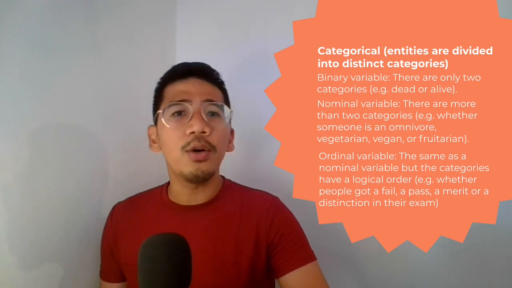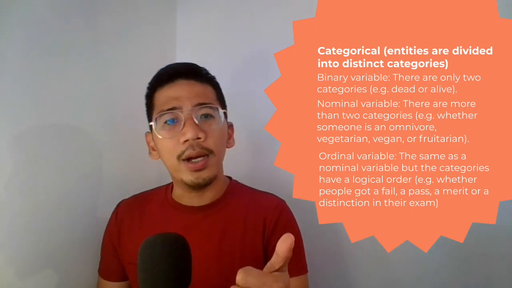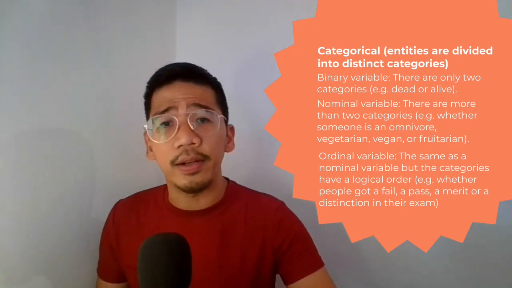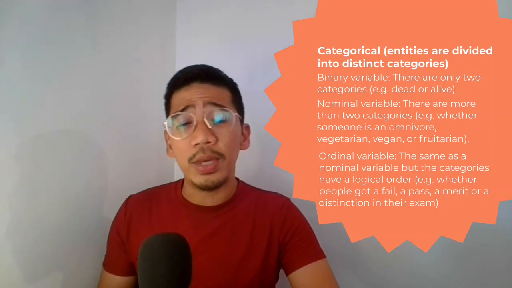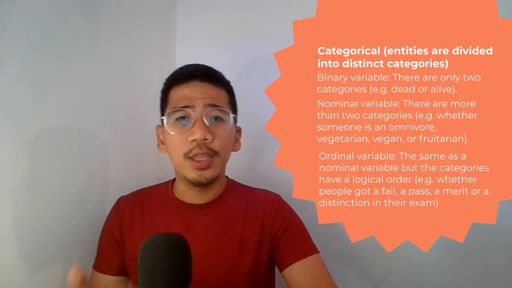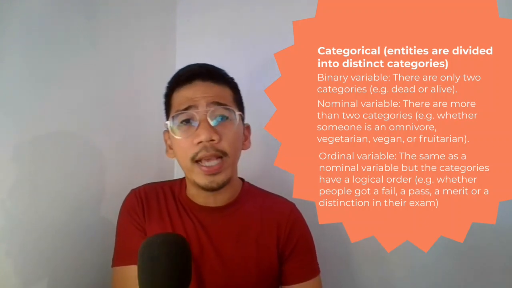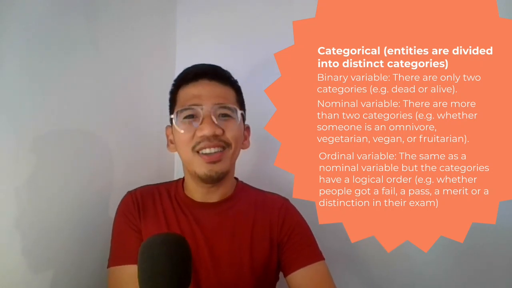So, in using ordered categories, we now know that the woman who won was better than the women who came second and third. We still know nothing about the differences between categories though. We don't, for example, know how much better the winner was than the runners up.